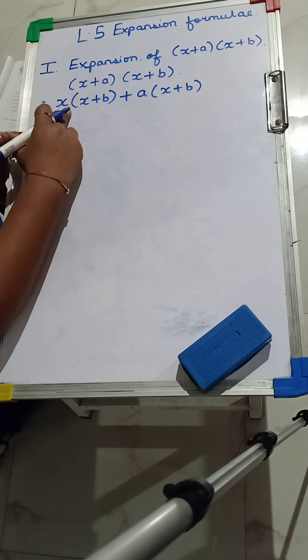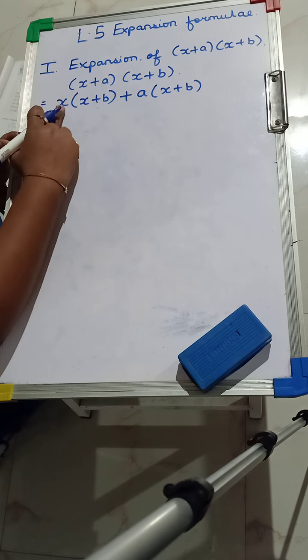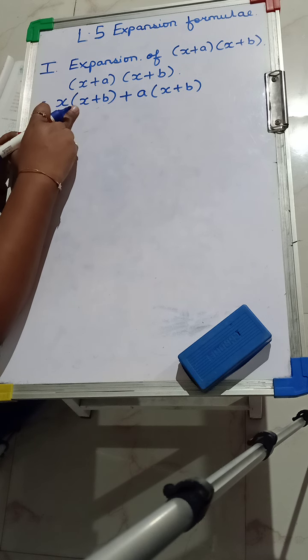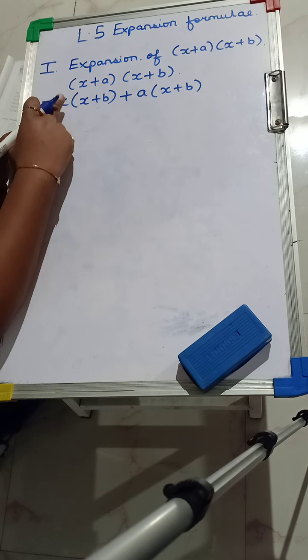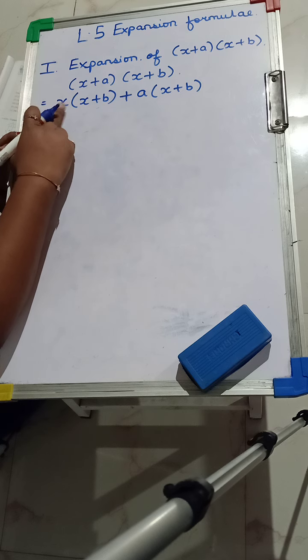Now we are going to solve the brackets. Between a variable and a bracket, there is no sign shown here, but you know that between the bracket and the variable we always have a multiplication sign.